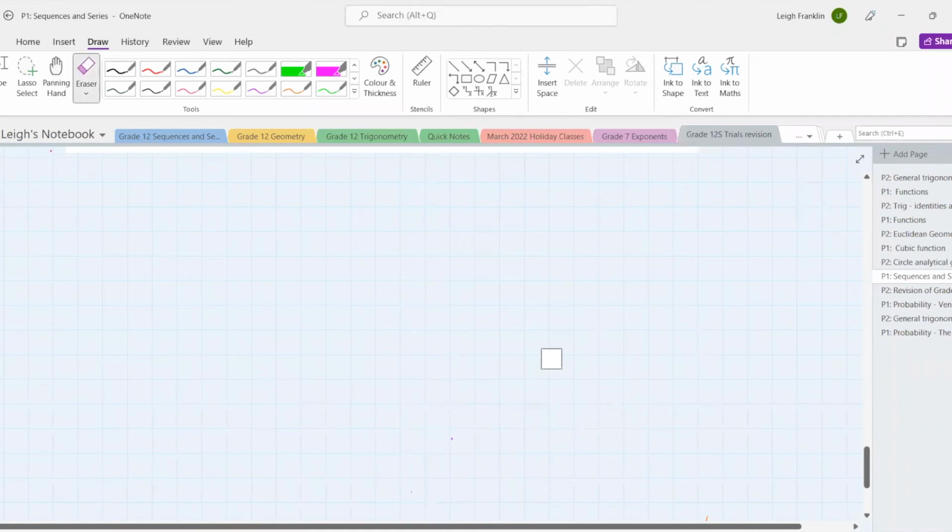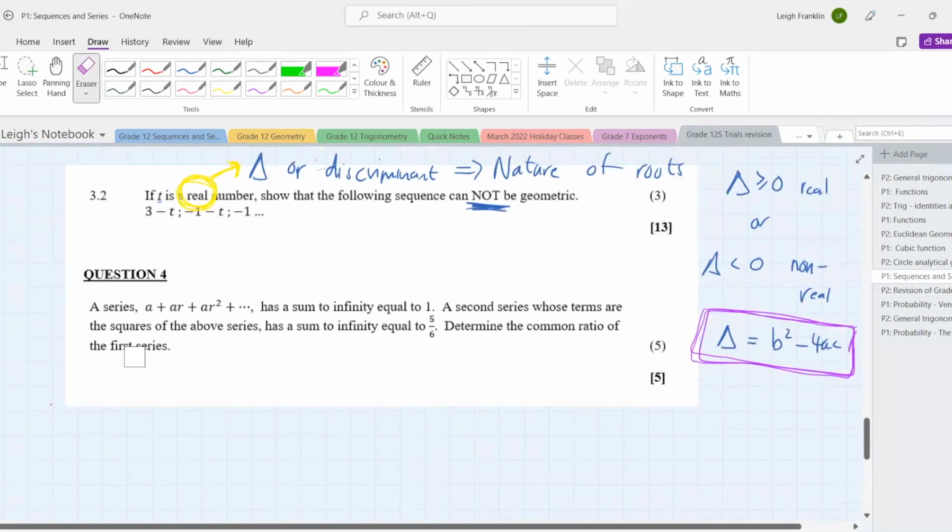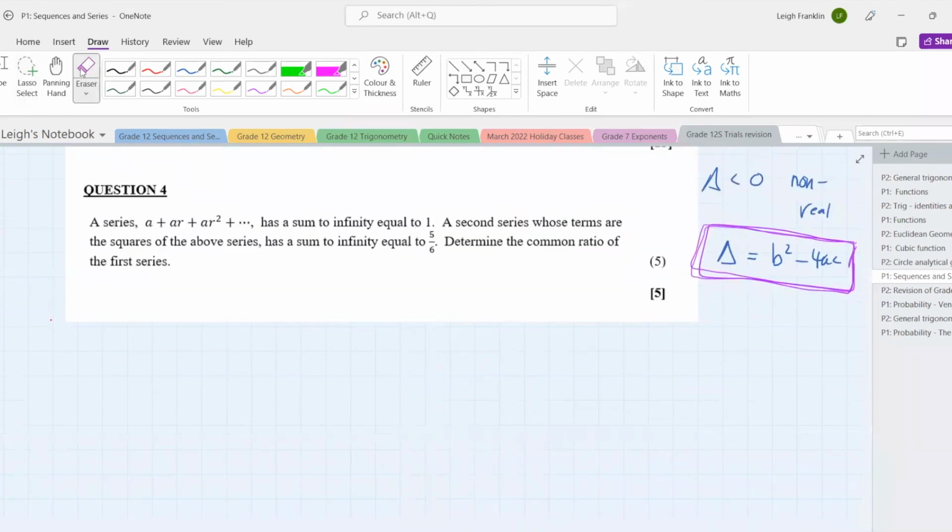Sorry, I'm just clearing some space here so that we can write. Okay, let's go back up. So starting point. Does anybody have an idea where we can start? What can we write down as a starting point?